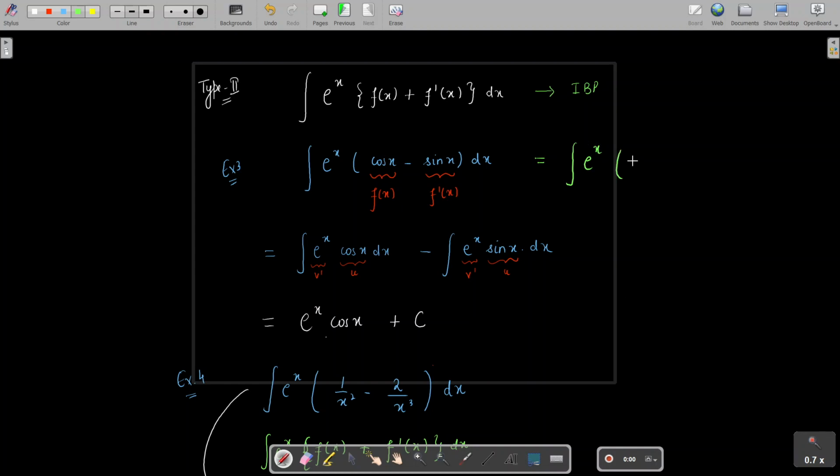What is happening over here is this is cosine of x plus negative of sine x. So if this is your f(x), then this is f prime(x).